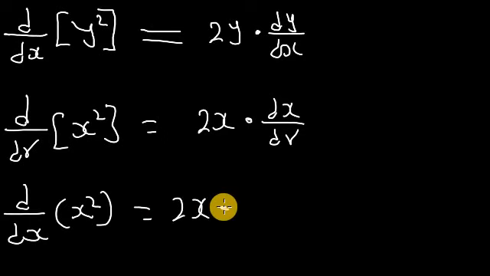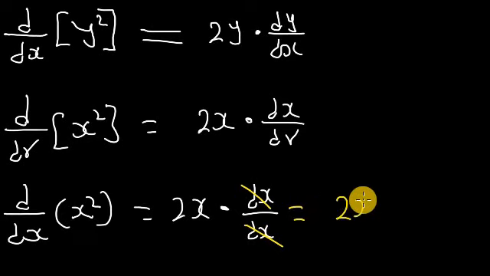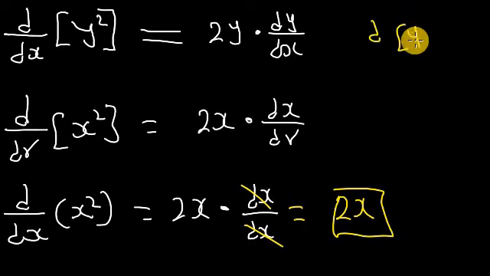Because if we multiply it by dx/dx, the dx cancels out and you are left with 2x. And that's how it is. If you had to differentiate a function of y, like y cubed, with respect to y, your answer will still be 3y squared.